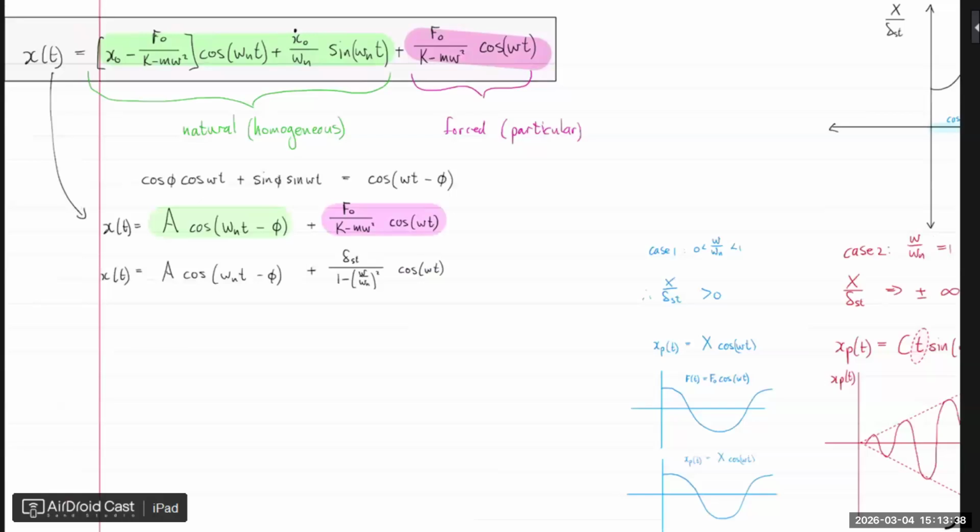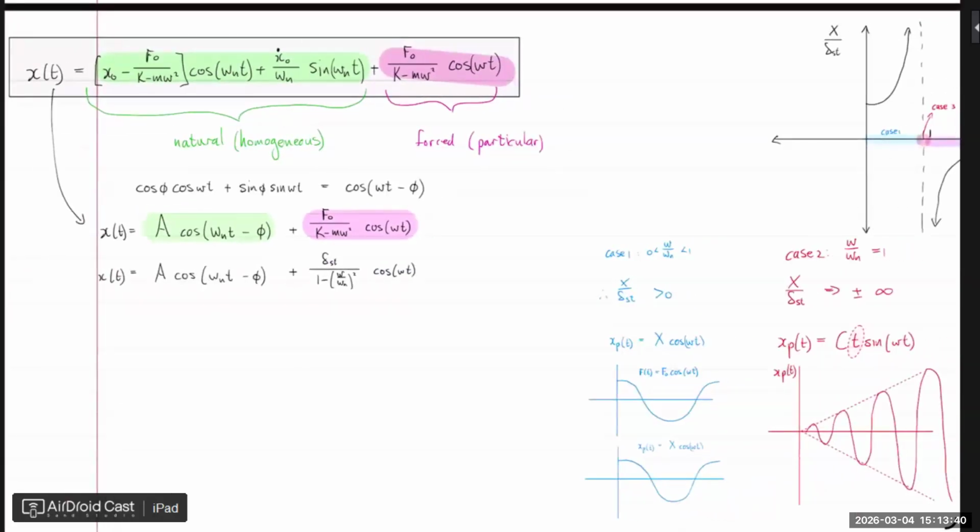Now to tie the left-hand side and the right-hand side together, we will have a look at how the graphs look for this x(t). So again, I'm going to make it in blue for case 1.